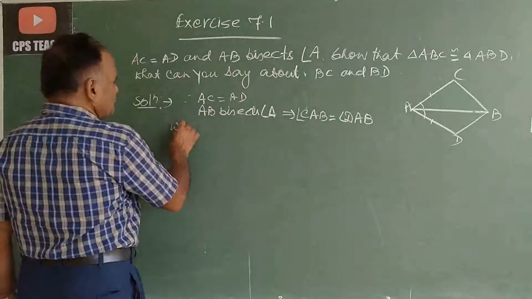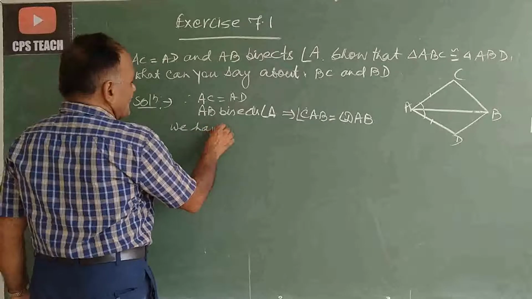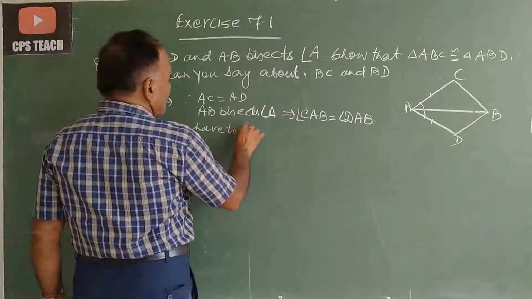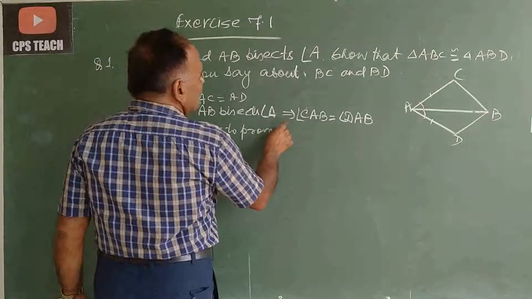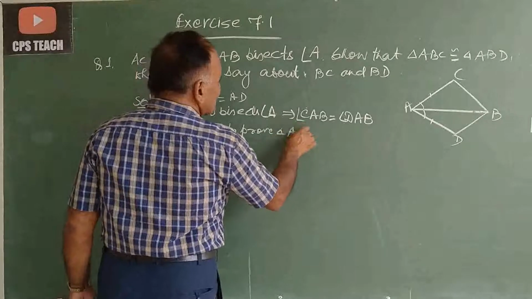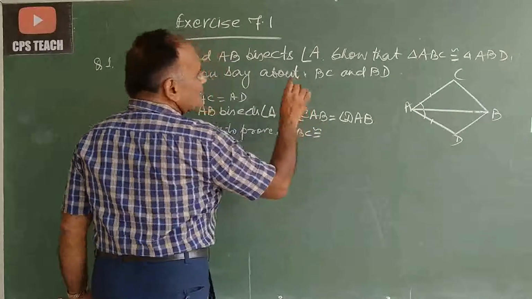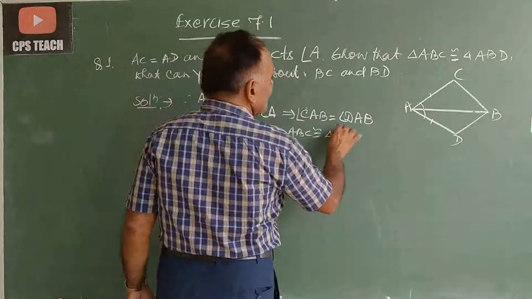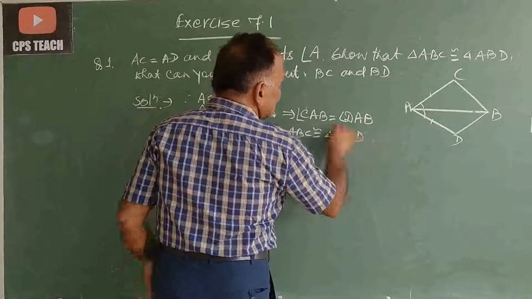Then we have to prove triangle ABC congruent to triangle ABD.